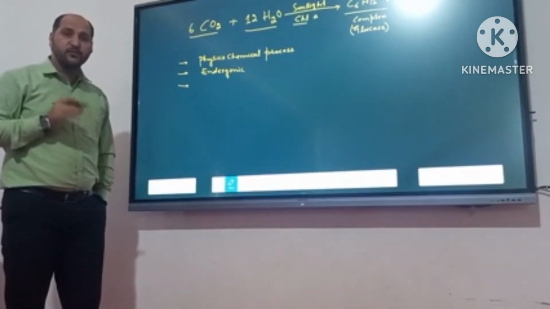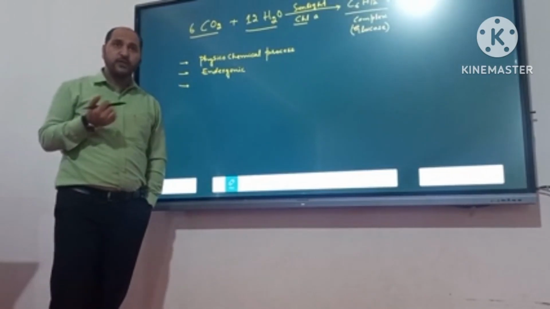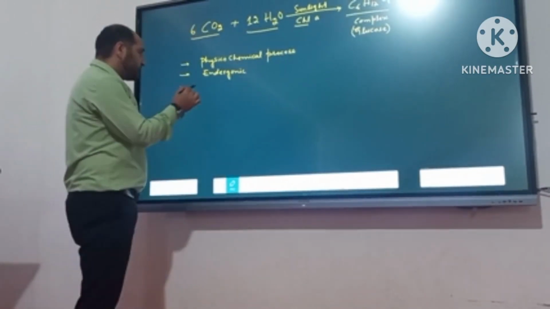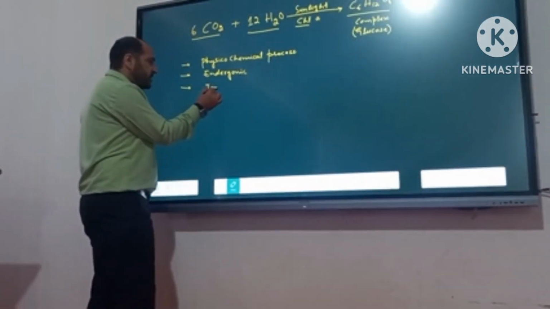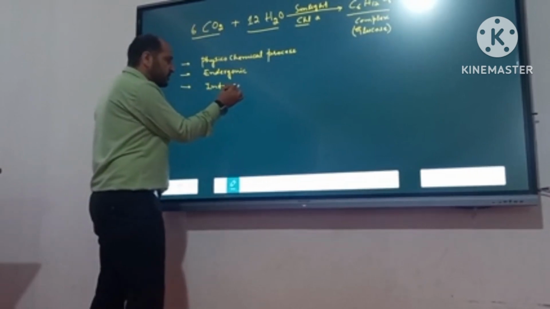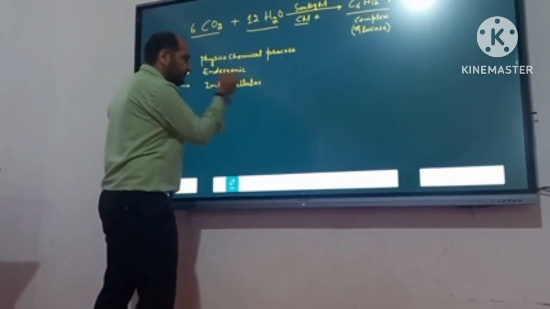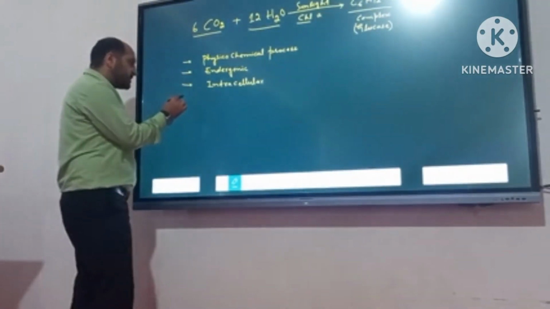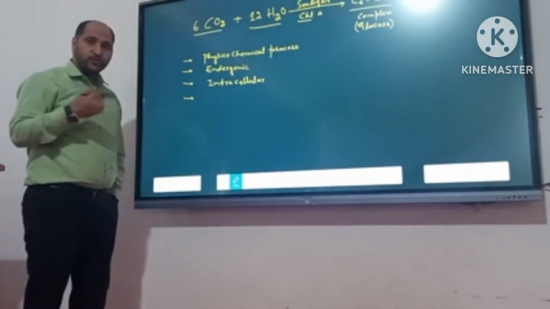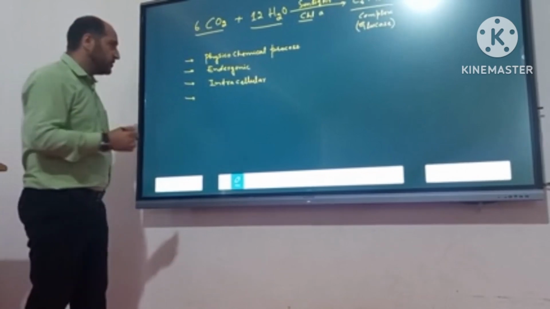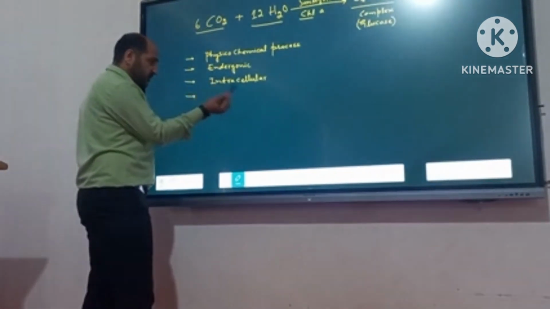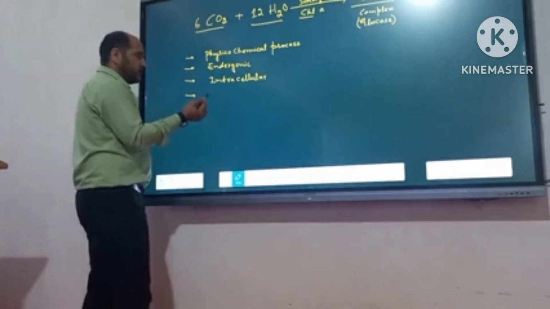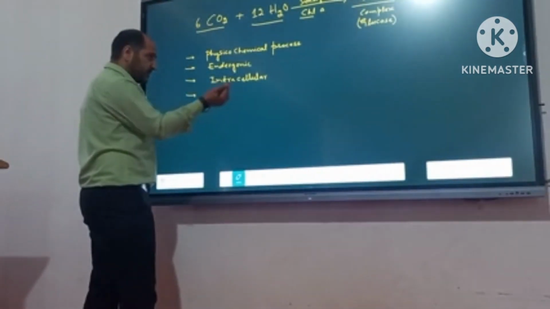Okay, so we can see that it's a physico-chemical process, it's an endergonic process, and this type of photosynthetic reaction occurs within the cells. We cannot do photosynthesis outside the cell. So we can say that it's an intracellular process which occurs within the cell. And next, in it some molecules are oxidized, some molecules are reduced, which we will study in the next slide.